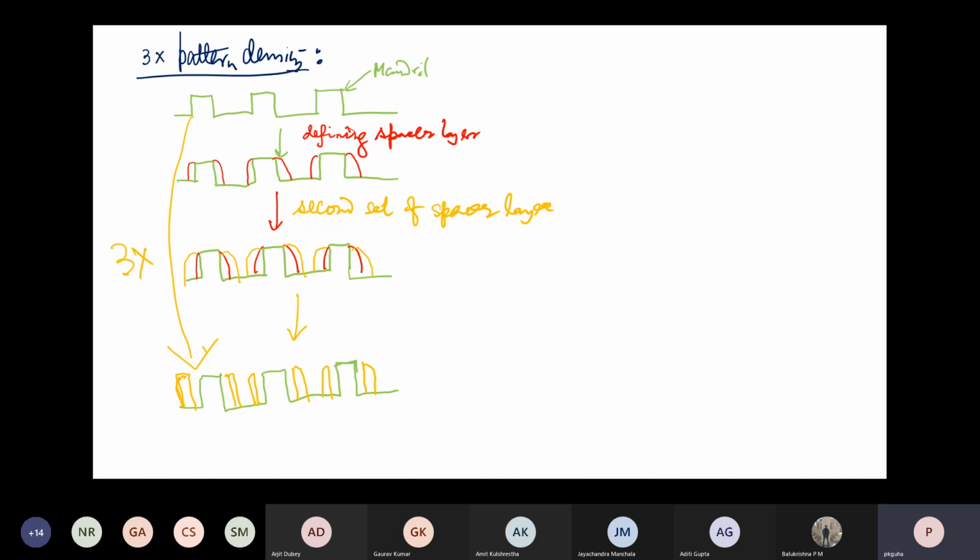Here I have removed the, where is the cursor? Removing first spacer layer.